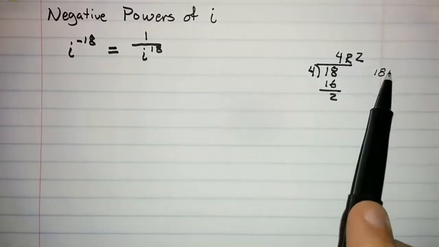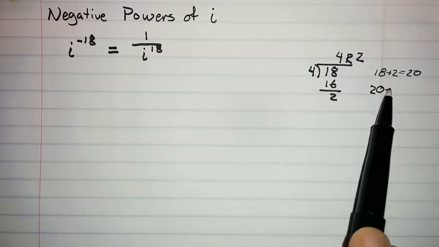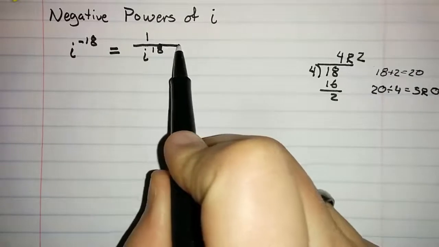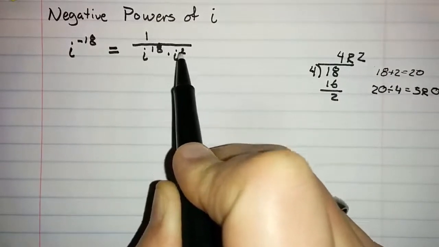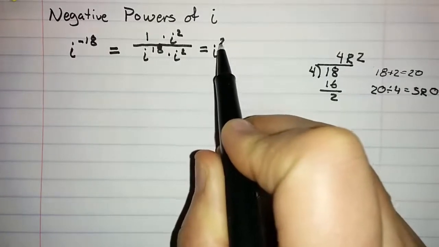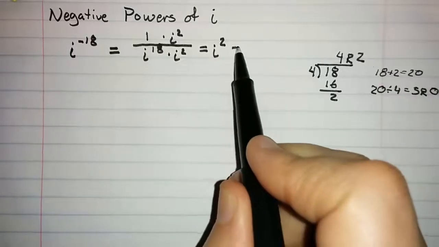So 18 plus 2 is 20. And 20 divided by 4 is 5, remainder 0. So I want to get 2 more i's in the numerator and denominator. Now my denominator is just 1. This is i squared, which is negative 1.